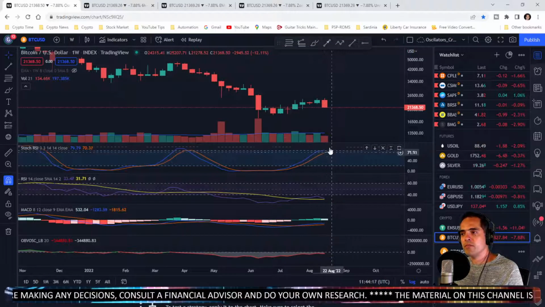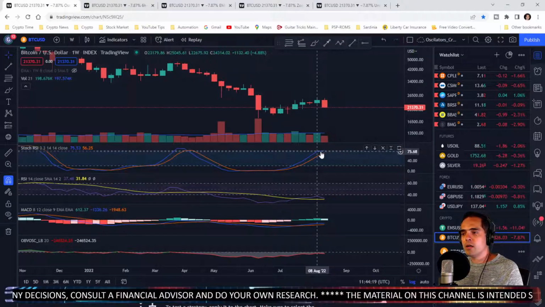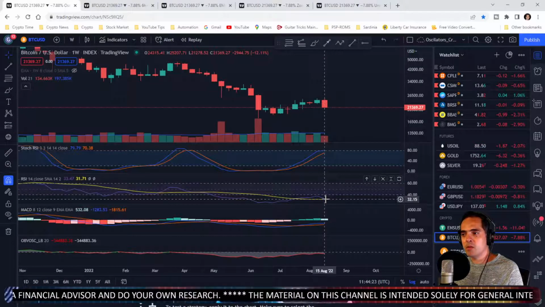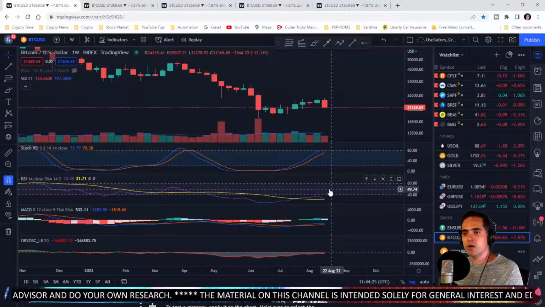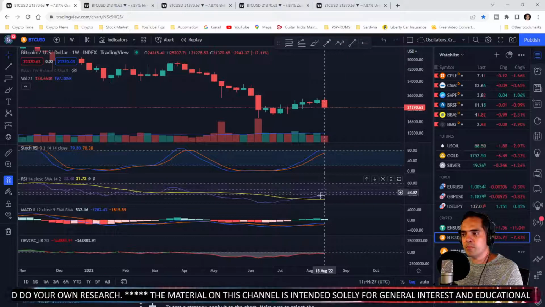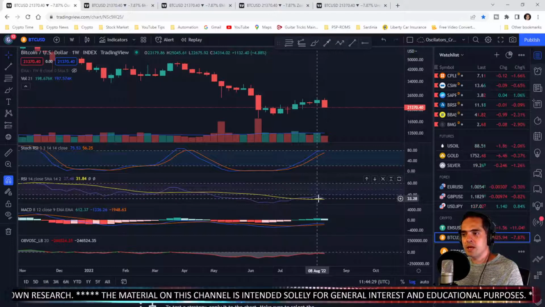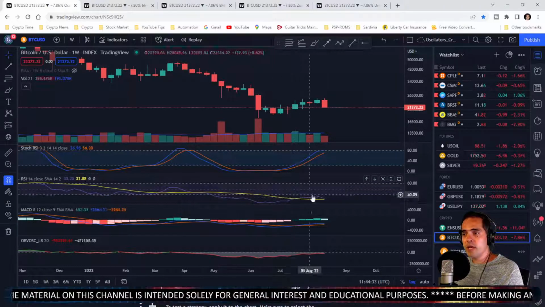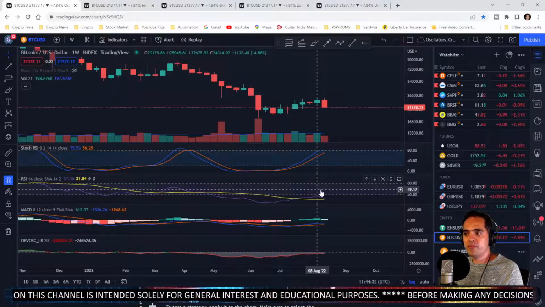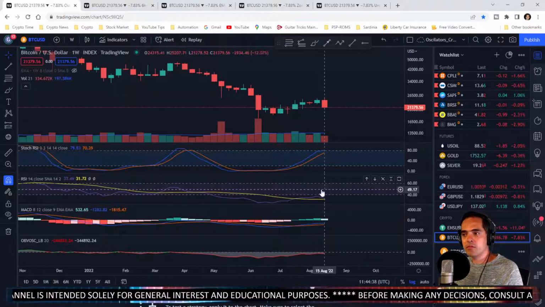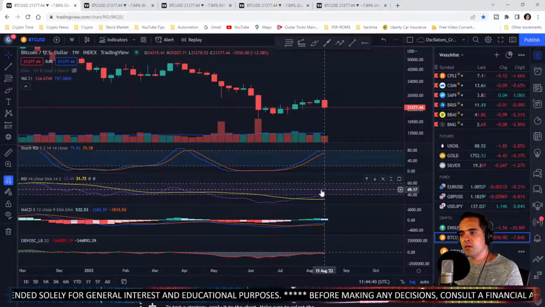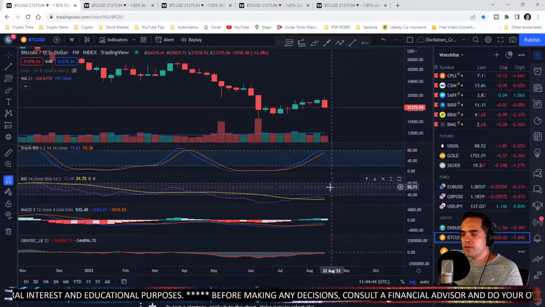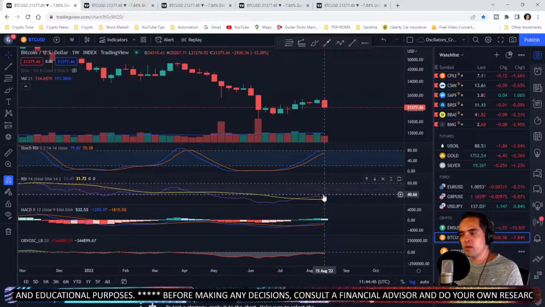So again, the RSI is not bullish. To be bullish using RSI, these lines, the purple line especially, have to be above the 50 level region here, which is the middle line of this range, of this rectangle.